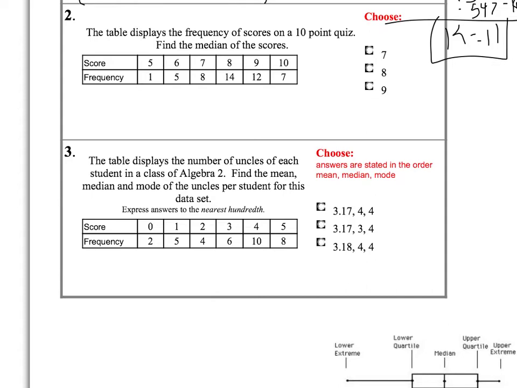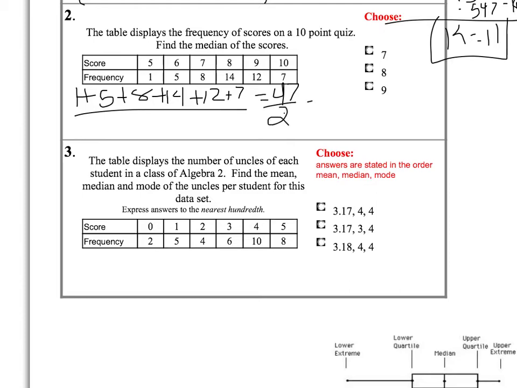We'll add the frequencies. 1 plus 5 plus 8 plus 14 plus 12 plus 7, and get that answer, it's 47. That means there's 47 numbers in there. I'm going to divide by 2.